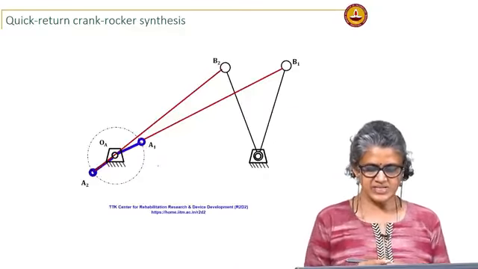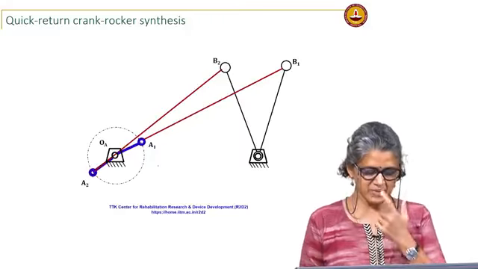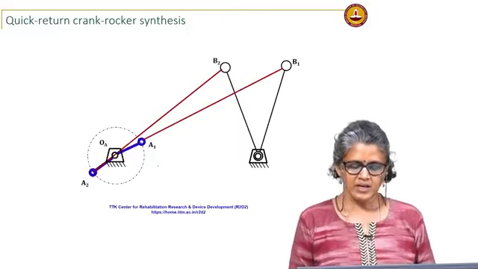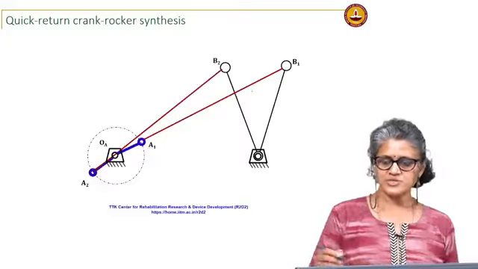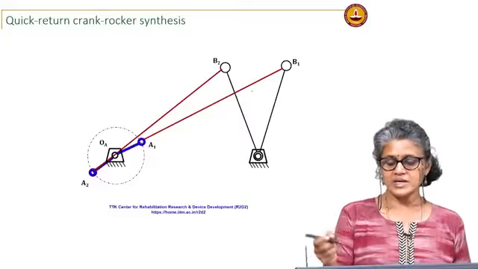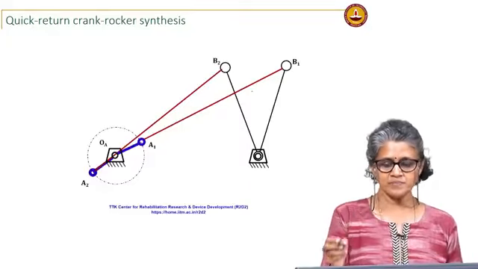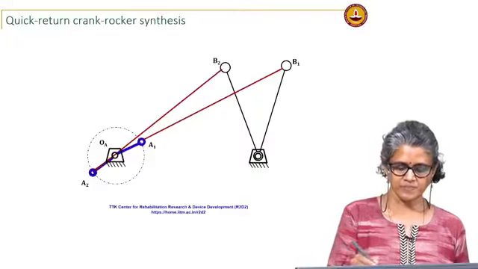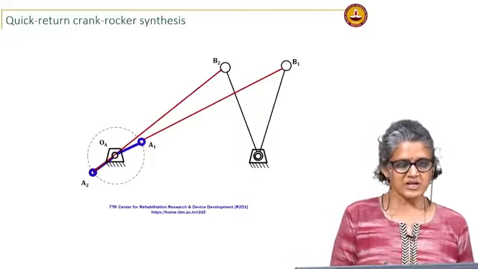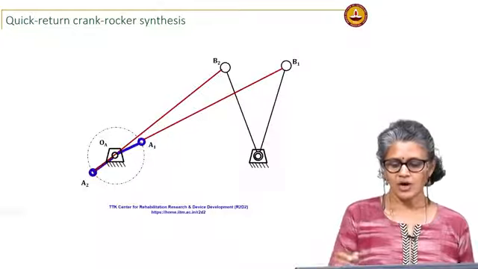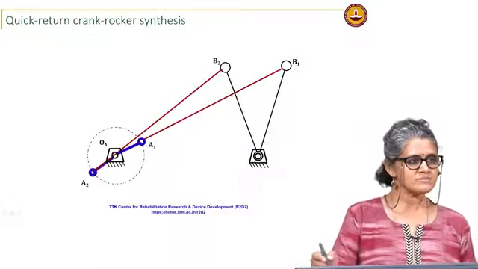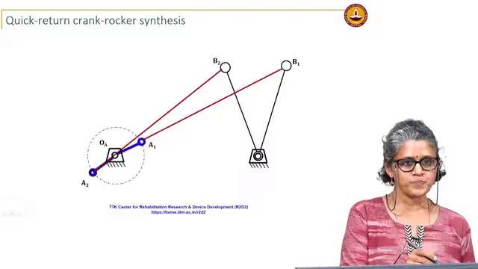Now, in many cases, as I mentioned earlier, if these are the two extreme positions, in the case where the timing ratio was 1, we always took this pivot OA on the line joining B1 and B2.